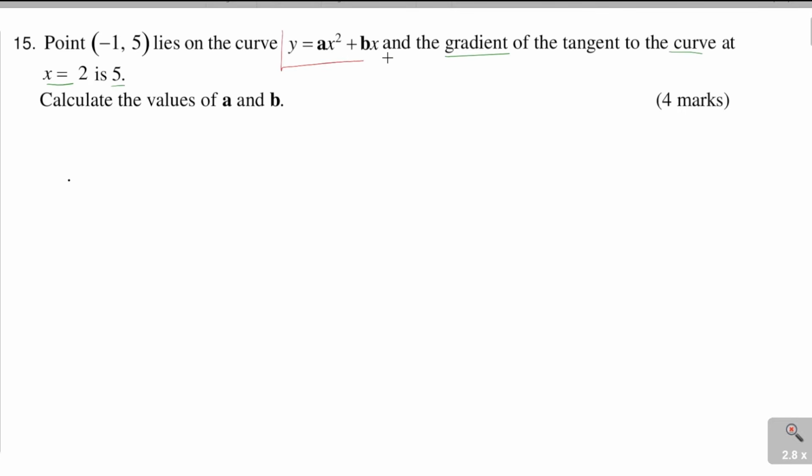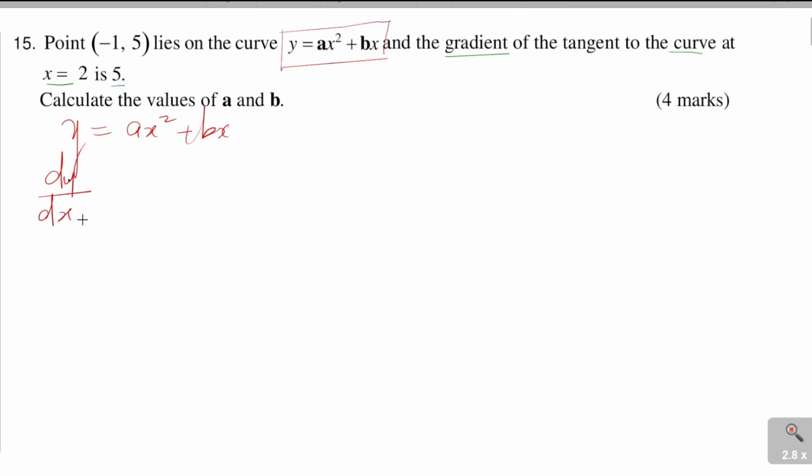We'll get the gradient from the function of the curve. The function of the curve is y = ax² + bx. To get the gradient of the tangent to the curve at x = 2, we must get the gradient function first. This is what will help us get the gradient at this point, x = 2.